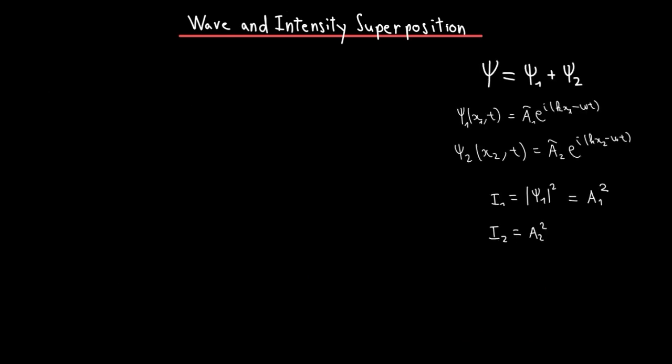Now, our goal is to determine the intensity of the sum of the two waves. So, if we call the sum of the two waves psi, well, the total intensity is the modulus squared of psi, and therefore the modulus squared of psi1 plus psi2. But one interesting property of the modulus squared of a complex number is that it is equal to the product of that complex number and its conjugate.